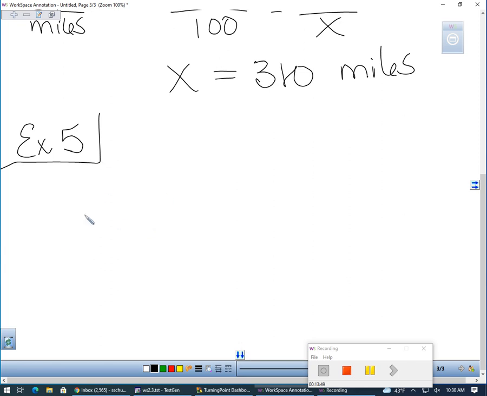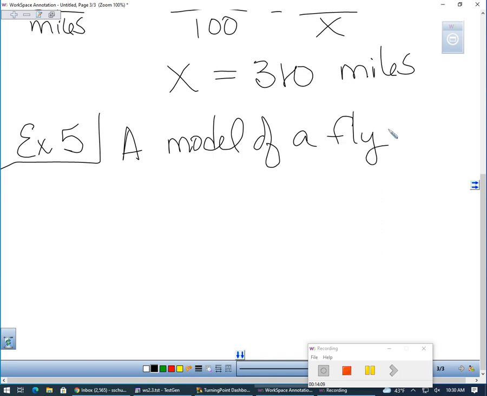All right. A model of a fly. I don't know. Model of a fly. Sure, why not?